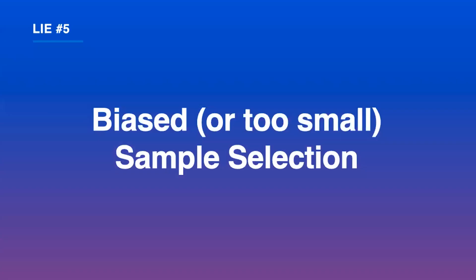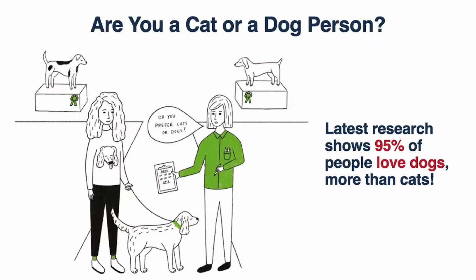All right, line number 5, biased or too small samples, selecting sample sections that are too small, and how that can lie. A good example is if you go to a dog show and ask what their favorite animal is, and then you present this research, obviously you will have one opinion.